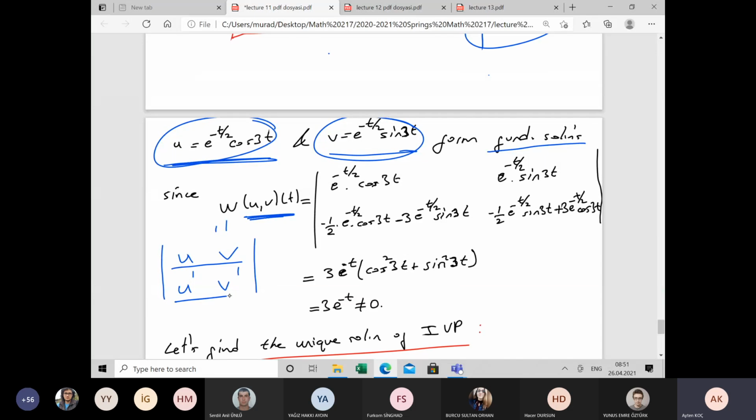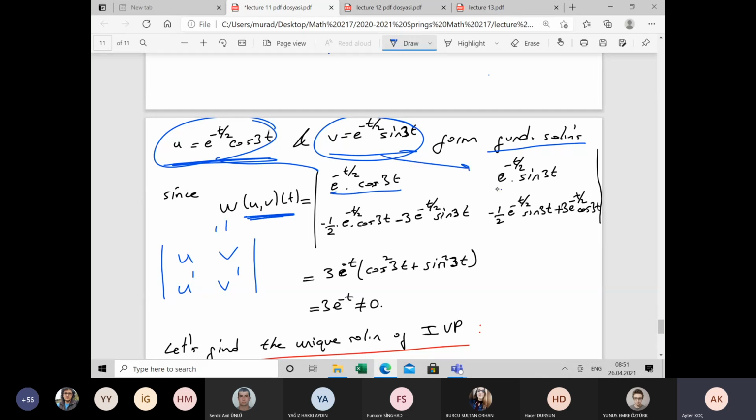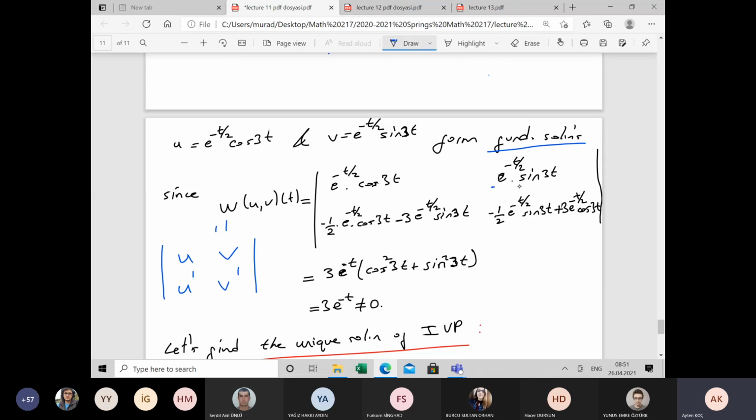Then we write u and v here, and the derivative uses the product rule: derivative of the first one times the second one, plus the first one times the derivative of the second one. So we obtain u prime and v prime, using the product rule, and we obtain this entry.